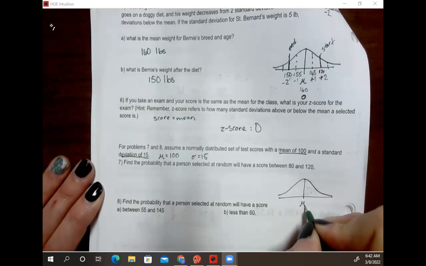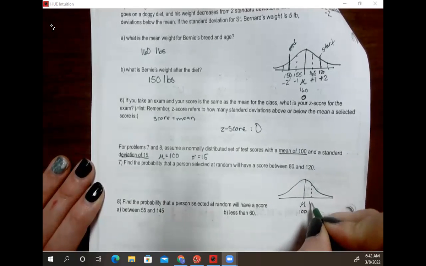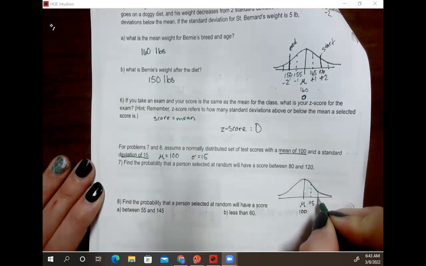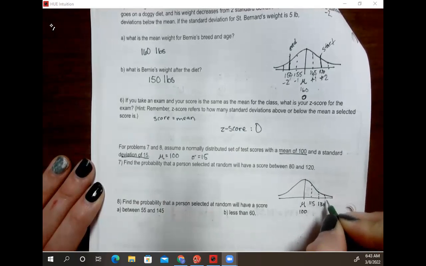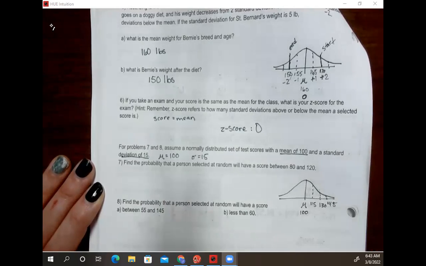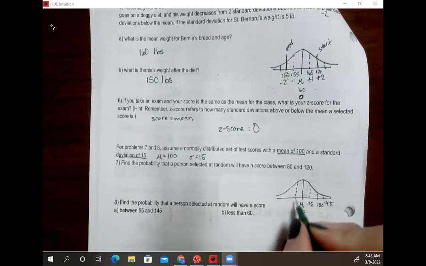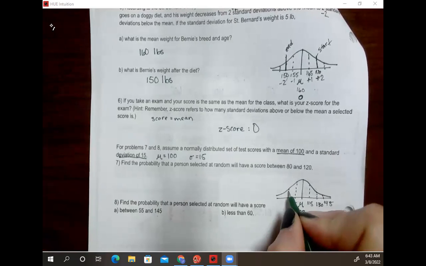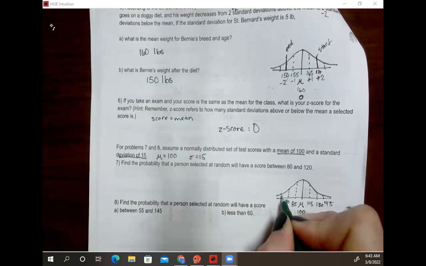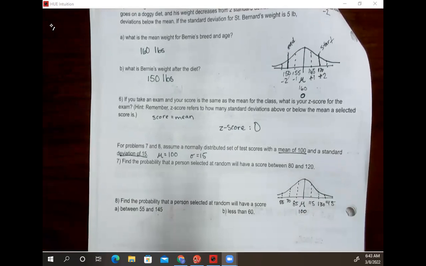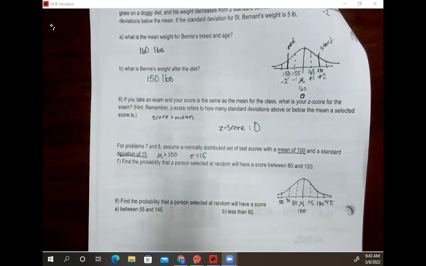I know my mean is 100, my standard deviation is 15, so this would be 115, 130, 145. And then I could go back the other way: 85, 70, 55.